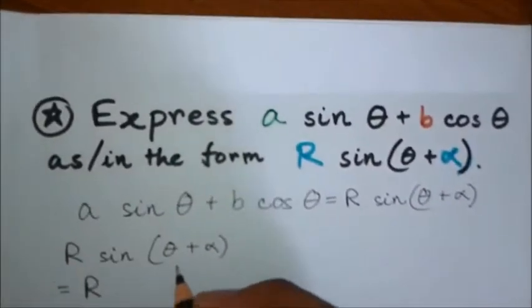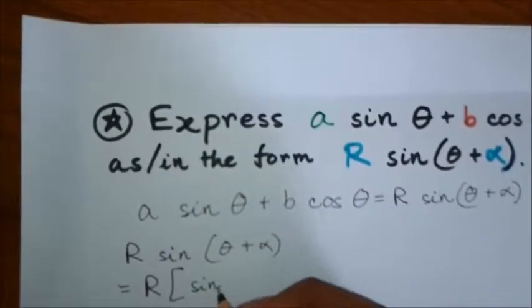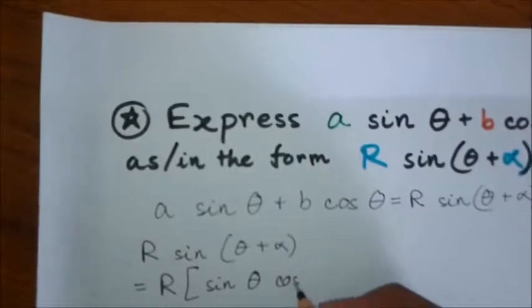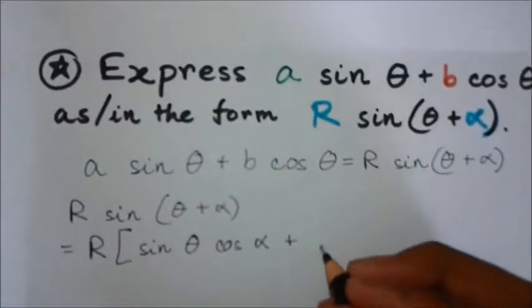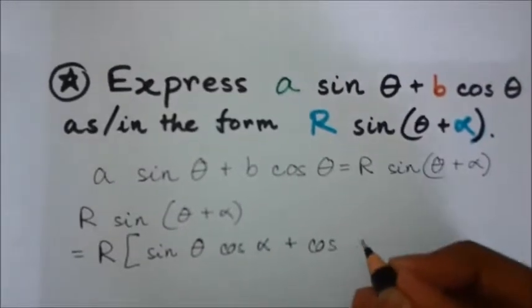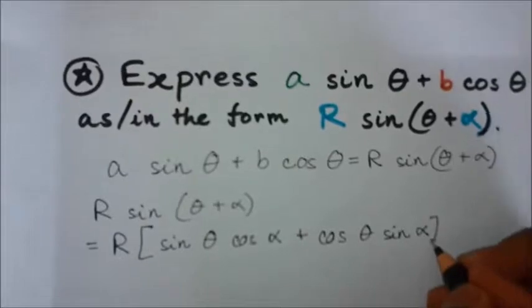From the formula for sine a plus b, we can expand this as sine theta cosine of alpha plus cosine of theta sine of alpha.